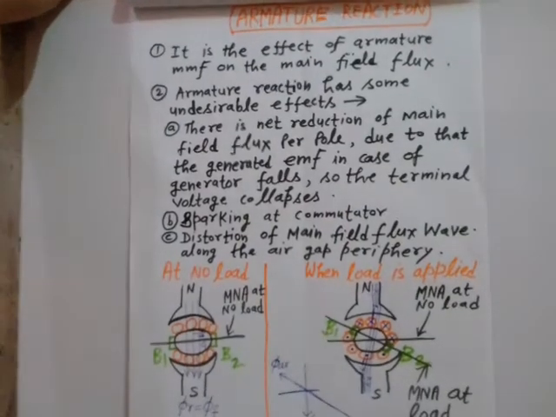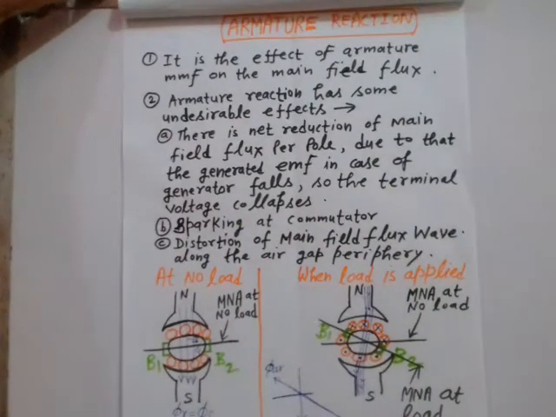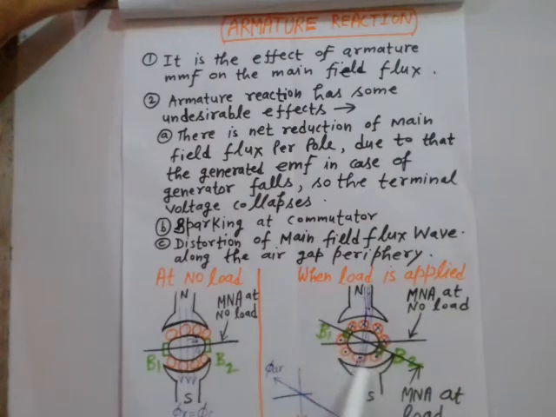Now when you apply load, this scenario will change completely. The current in the armature conductors now starts flowing. They will have their own MMF, and consequently their own flux, that is the armature flux.